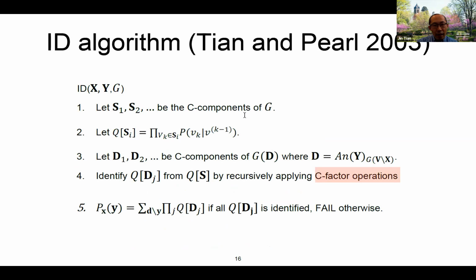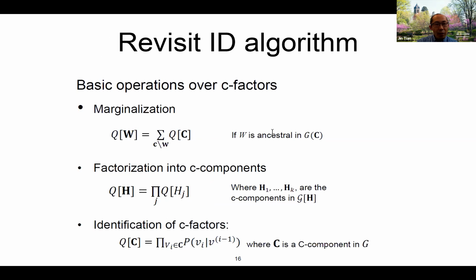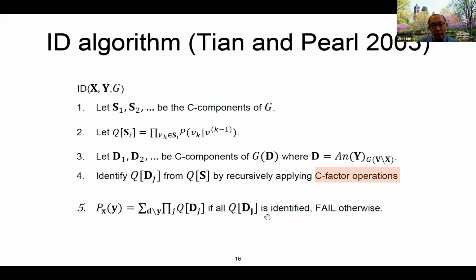I will not discuss the ID algorithm in detail. The basic idea is that it recursively applies those C-factor operations. In the end, it will either output an expression for your target causal effect, or if it's not identified, it will output a fail.